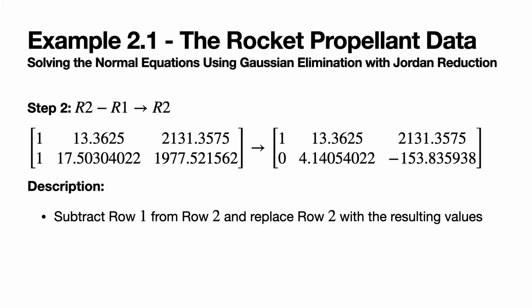Subtracting 13.3625 in the first row from the 17,503.04022 in the second row, you can see we get 4,140.54022. And then subtracting the 2131.3575 from the 1977.521562 yields negative 153.835938.